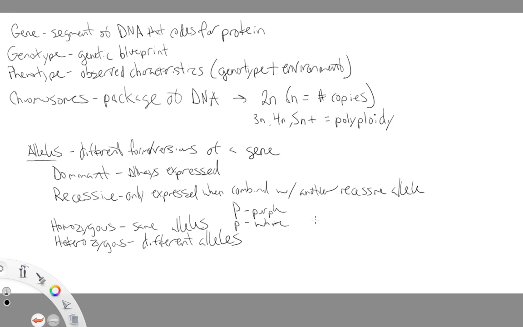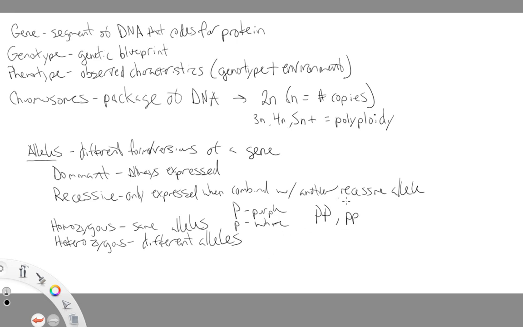We could have capital P, capital P, which is homozygous. Both alleles are the same. That would be homozygous dominant. But you can also have lowercase p, lowercase p, which is also homozygous. Both alleles are the same. In this case, they are both coding for white flowers, and we would see white flowers here.